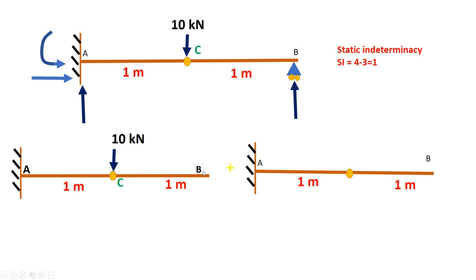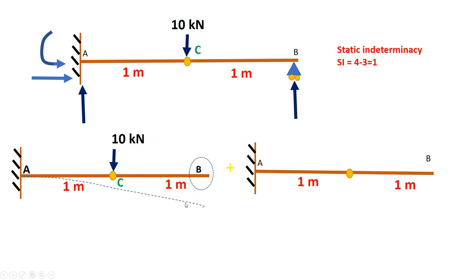And the cantilever beam is statically determinate because for this beam we now have only 3 reactions: vertical, horizontal and moment, and we also have 3 equilibrium conditions: sigma Fx, sigma Fy, and moment about any point is 0. So now this beam is statically determinate. I selected RB as the redundant.